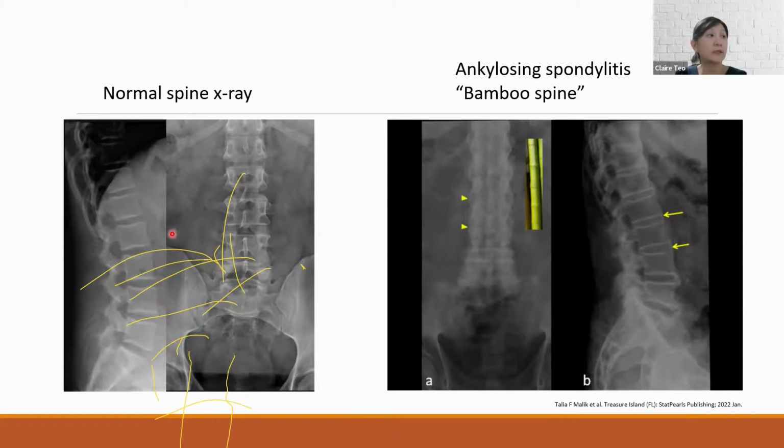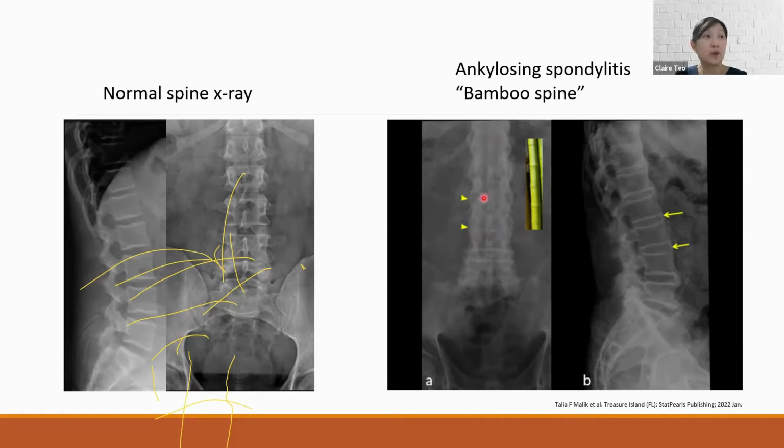So this is a normal X-ray. You can see that between the vertebrae there is space here because the discs don't show up on the X-ray, and similarly here you can see the space in between the bones. However, in ankylosing spondylitis, there's formation of new bone, also known as syndesmophytes, and this causes a loss of space, with the bones fused together.